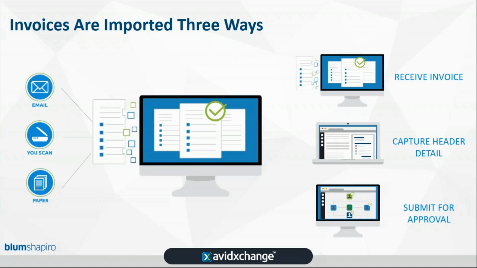If you would like, you can still scan the invoices if they do happen to come in to you manually. Someone drops it on your desk. So you could scan the invoices into the system if you prefer. And we will also set up a mail drop box for you. For those vendors that still mail invoices to you, you'll have a designated lockbox, which will gather all those invoices.